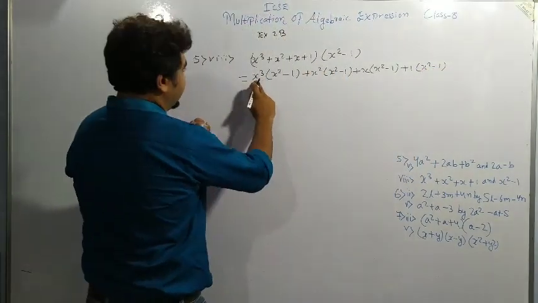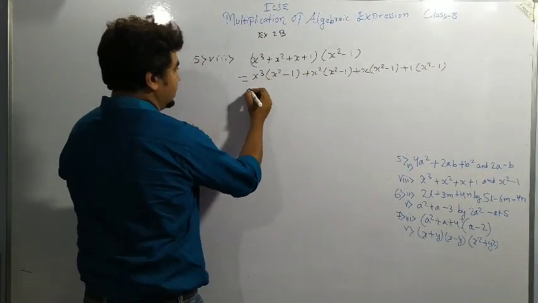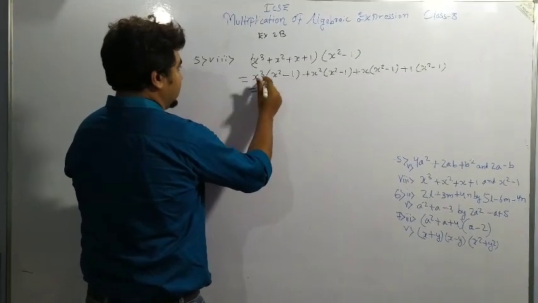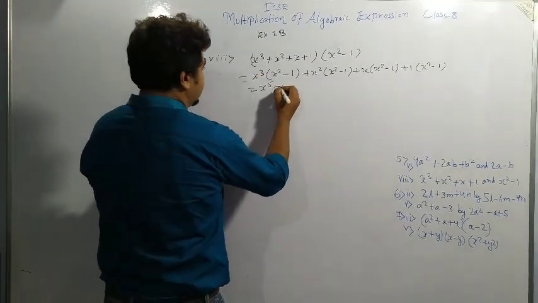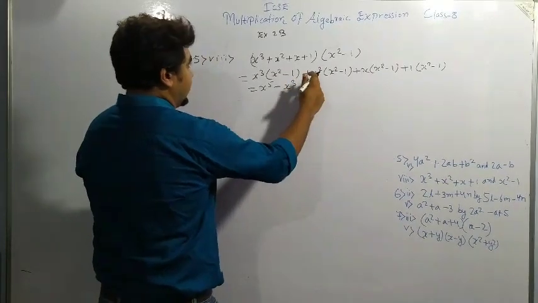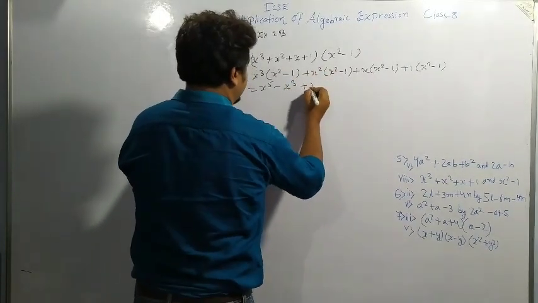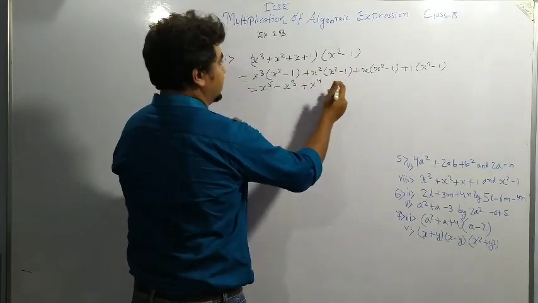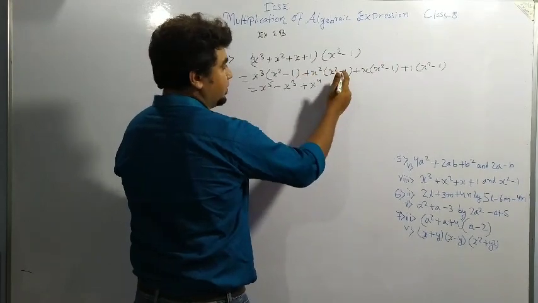Now the terms, x cube into x square, 3 plus 2 is 5, x to power 5. x cube into minus 1 is minus x cube. x square into x square, 2 plus 2 is 4, x to power 4. Here also plus into minus is minus.